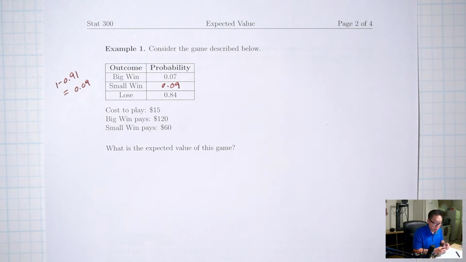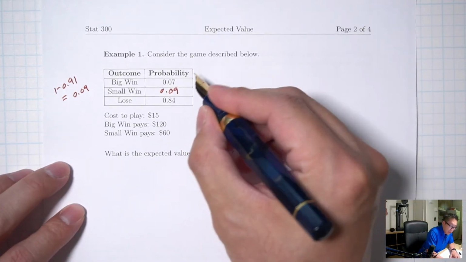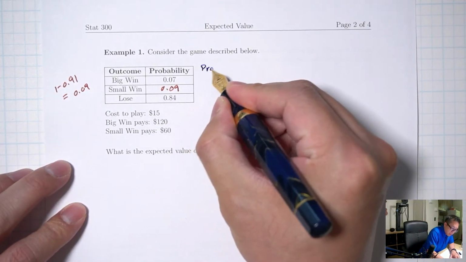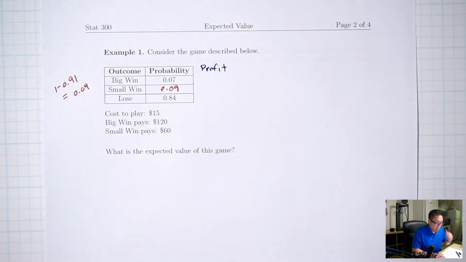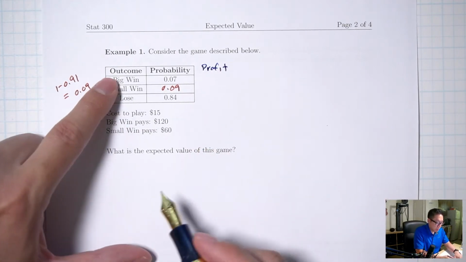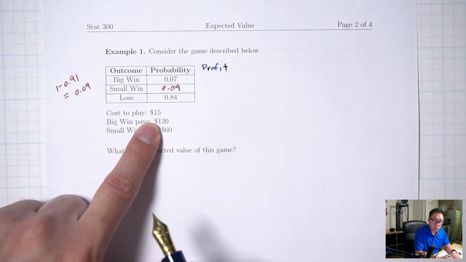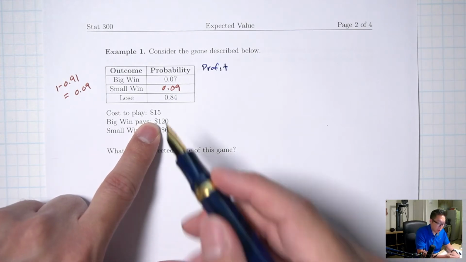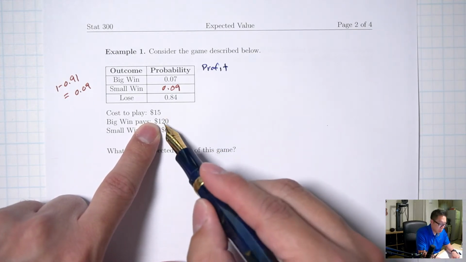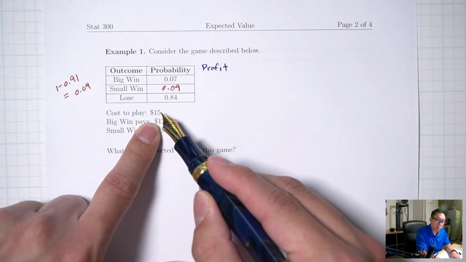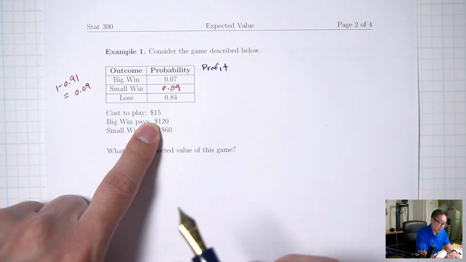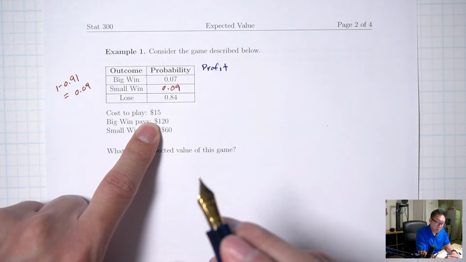Okay, first thing we need to do is write down the profit. So for this game, a big win, you win $120, but you always have to subtract off what you paid to play. So 120 minus the $15 that you paid to play. So 120 minus 15 is 105.